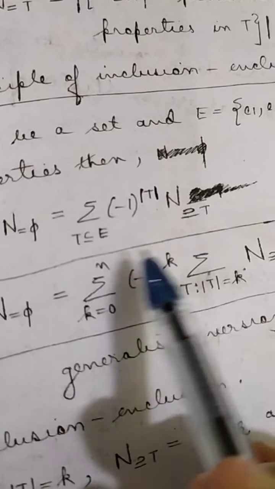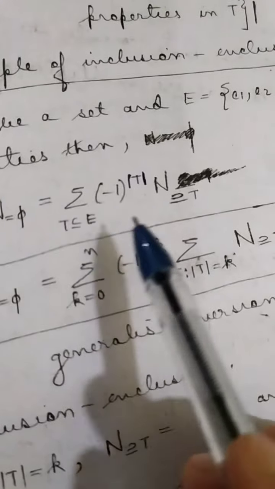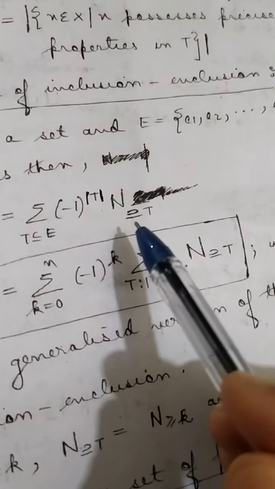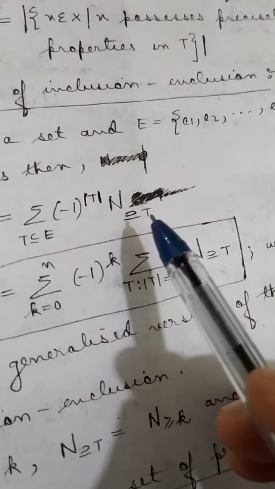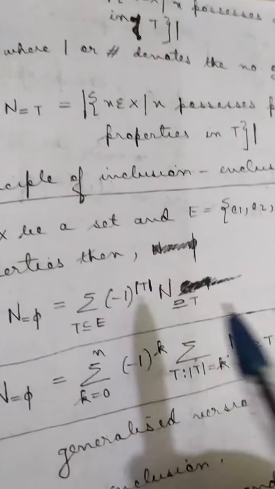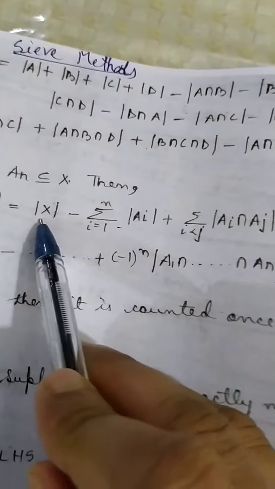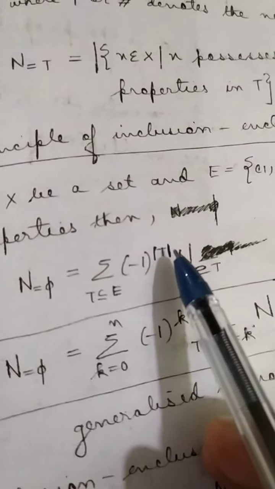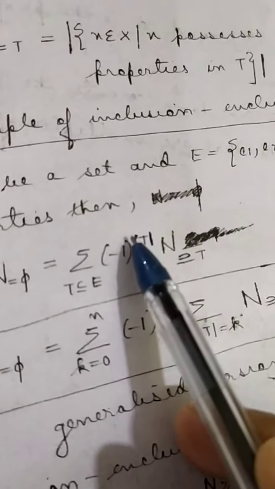T is nothing but how many properties we are going to consider, out of these n properties. If the number of properties in T is equal to 0, then you will get this part. T equal to 1 means this part, T equal to 2 means this part, something like that, depending upon whether it is plus or minus, depending upon the number of elements in T.